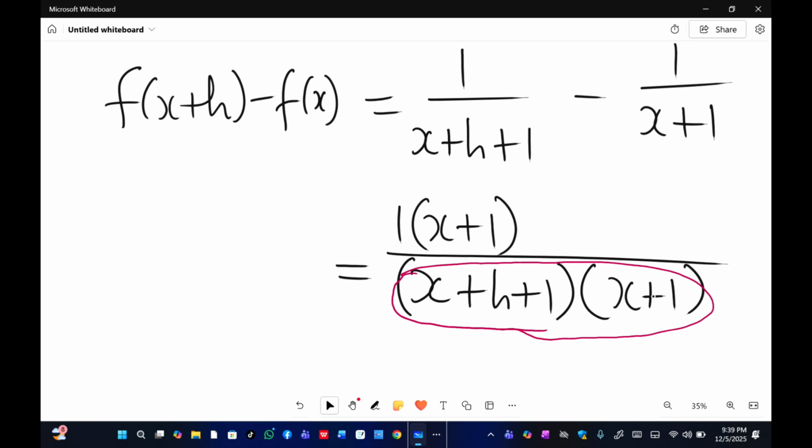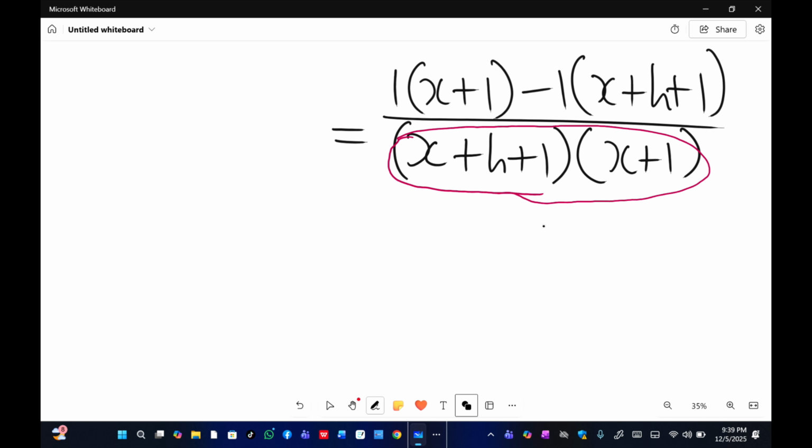Now you use the denominator of the second fraction to divide the same LCM, and you'll be getting x plus h plus 1. So everything multiplied by -1. So x plus h plus 1 in one bracket. So we continue to work on it, and this will give us x plus 1.